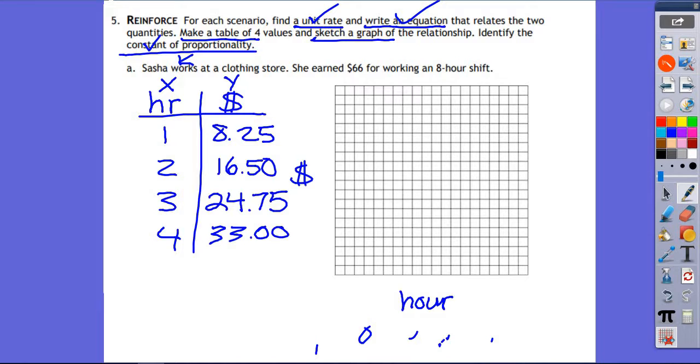No. What if we counted by 4? What if I did 2? 2, 4, 6, 8, 10, 12, 14, 16, 18, 20, 22, 24, 26, 28, 30, 32. Am I going to have enough if I count by 2s? Is everything going to fit? So let's count by 2s.